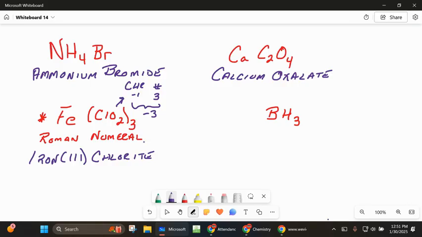And let's be honest, ladies and gentlemen, could you name a compound that doesn't actually exist? Absolutely. We are giving you a naming system. This naming system says if I combine this and this, and as long as they're on the periodic table, I should somehow be able to name it.